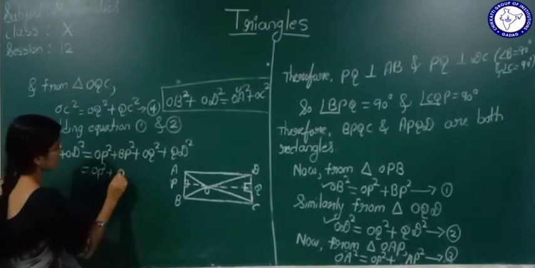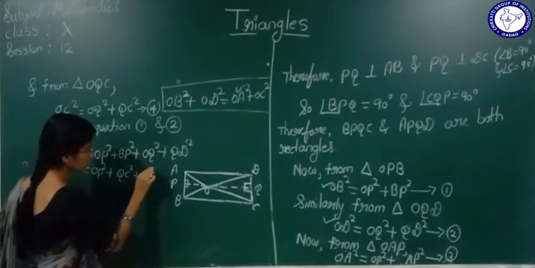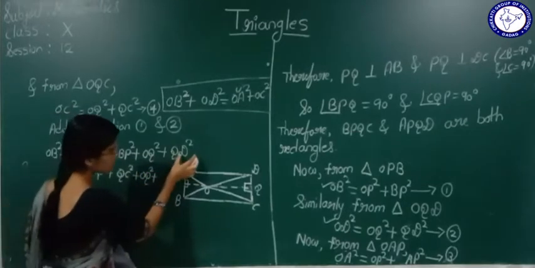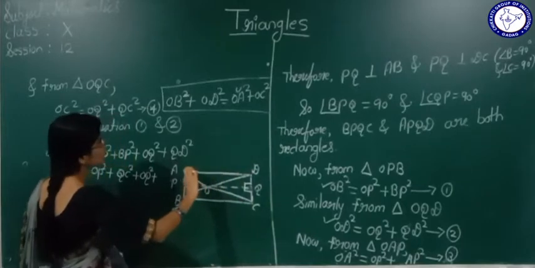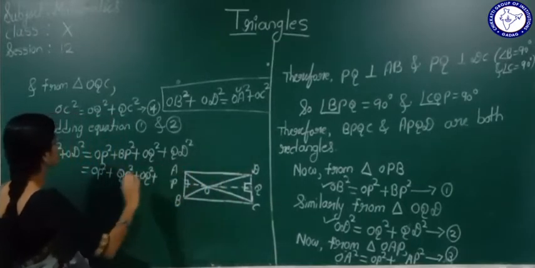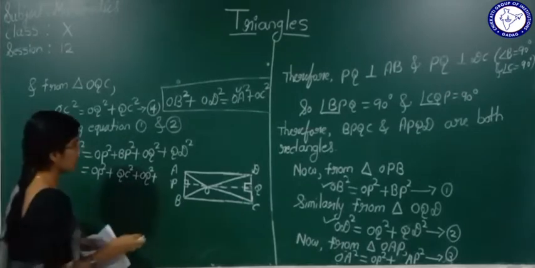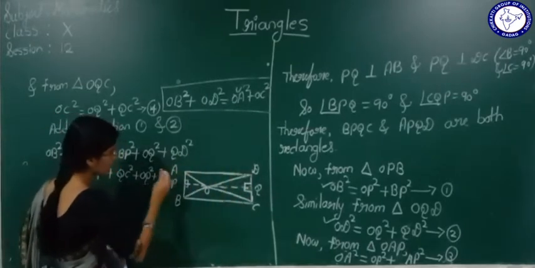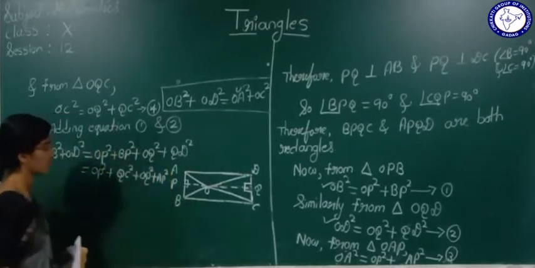We can write QC square plus OQ square plus, in place of QD, can I substitute AP square? Yes, in place of QD, I can write AP square.